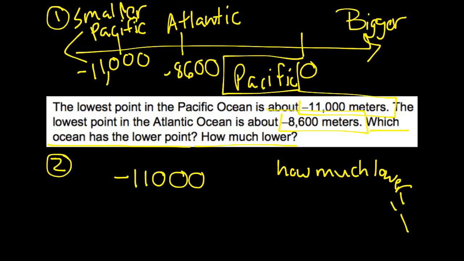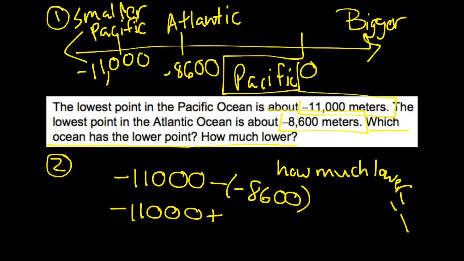So it looks like I'm going to subtract here. Negative 11,000 minus negative 8,600. Now, when I look at this, whenever I'm subtracting a negative, it's the same thing as adding a positive. So negative 11,000 plus 8,600.